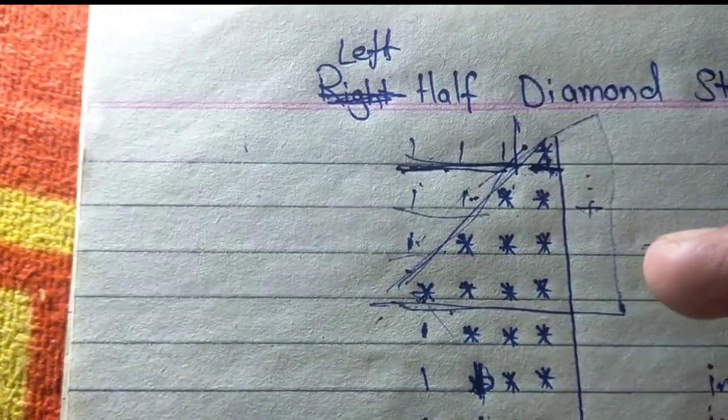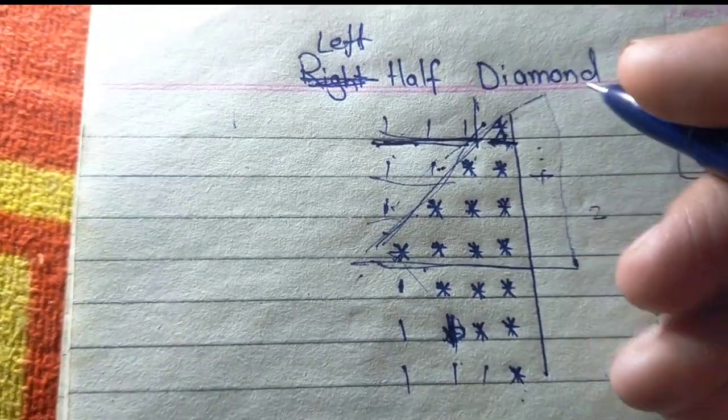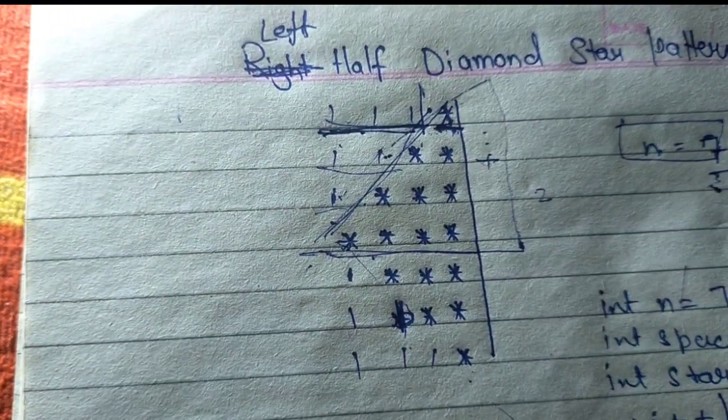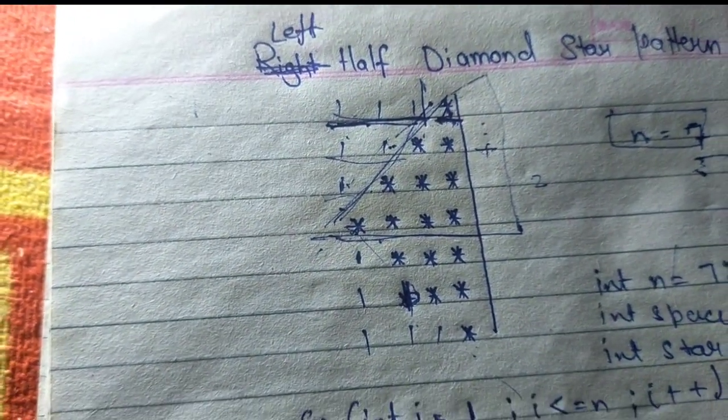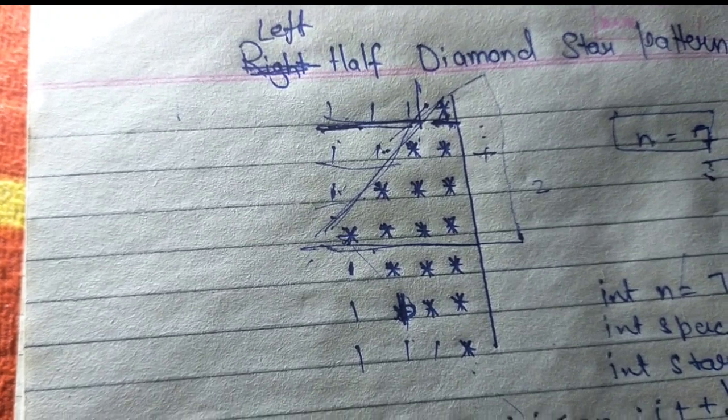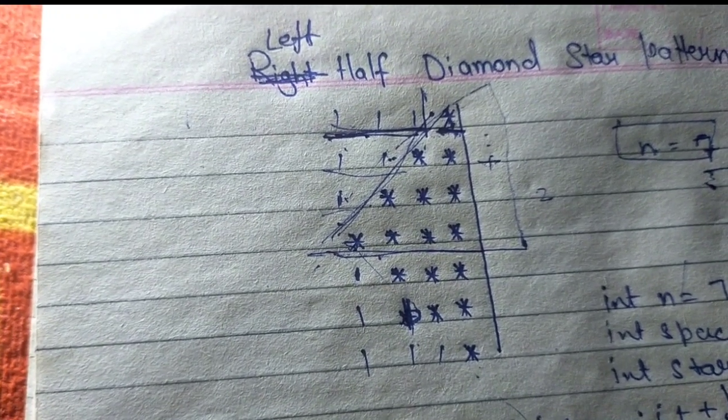That's the way we can print our left half triangle star pattern. So it is very easy and simple. You can also use this.